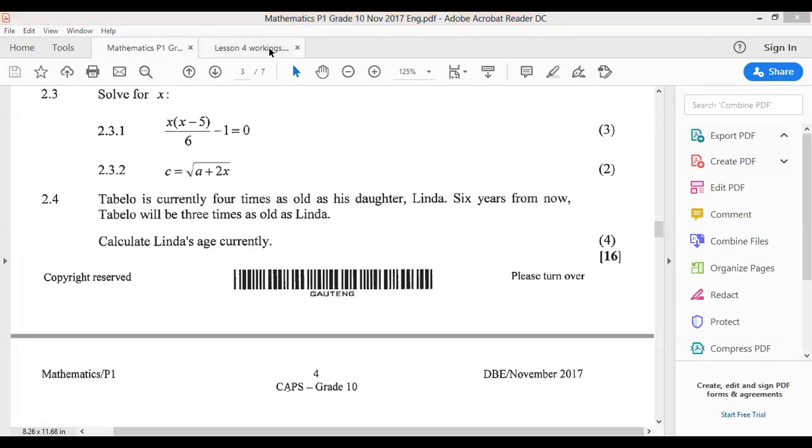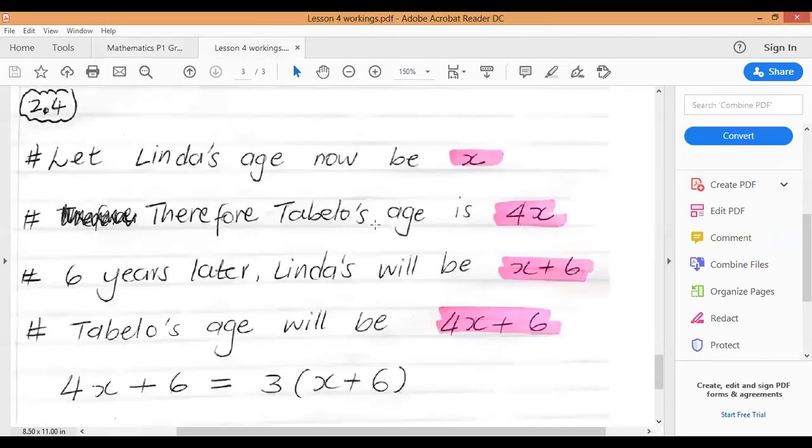So we said, therefore, Tabelo's age is 4x, because we don't know the age of Linda yet, as we have denoted the age of Linda by X. Then we said 6 years later, Linda's age will be X plus 6. Does it make sense?